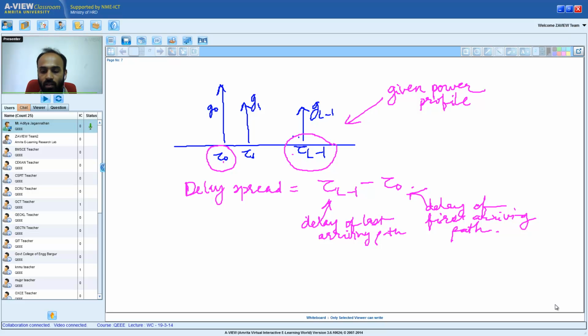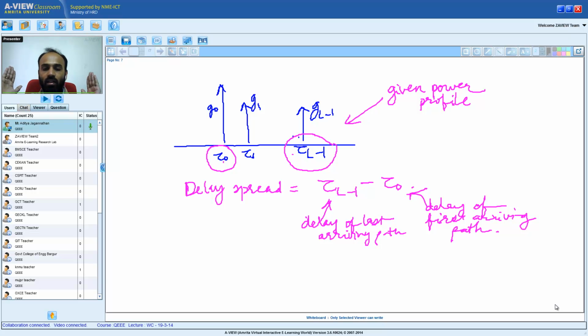Tau L minus 1 is the last arriving path, and tau 0 is the first arriving path. So delay spread is basically this.